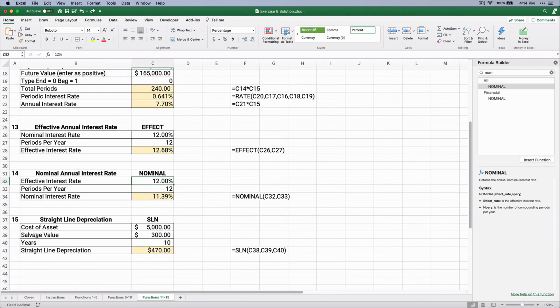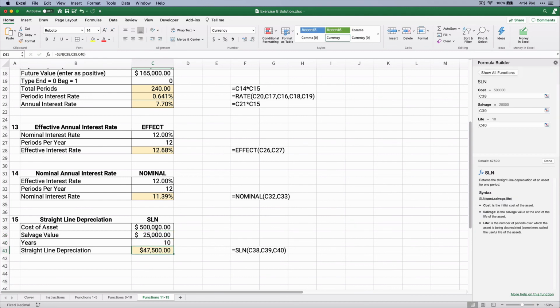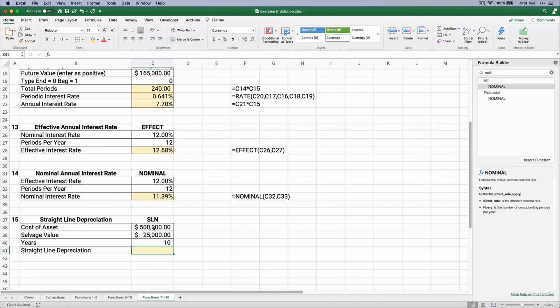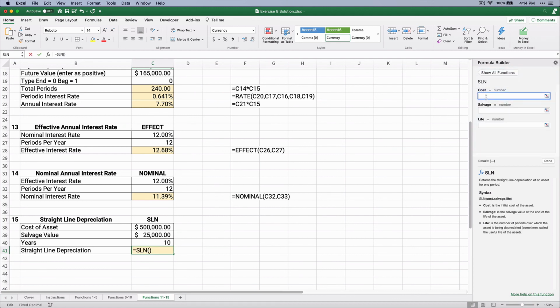The last one, number 15, is straight line depreciation, very common. So let's say we have the cost of an asset. Let's say it's $500,000, and the salvage value is, let's say, $25,000 at the end of 10 years. Here's how we calculate the straight line depreciation. Straight line is SLN, and it says we want the cost.